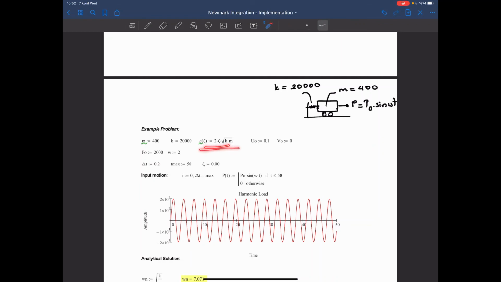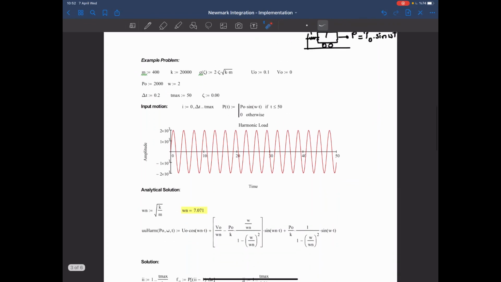I have the damping defined here, but for this example problem, I will consider the damping as 0, and I give some initial displacement to the structure, and P0 is 2000.